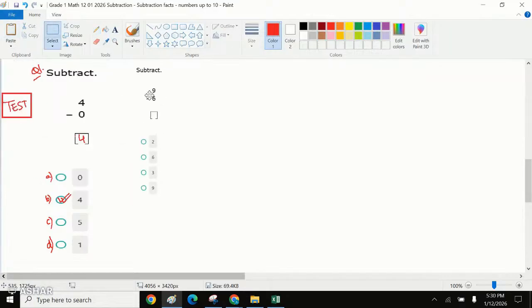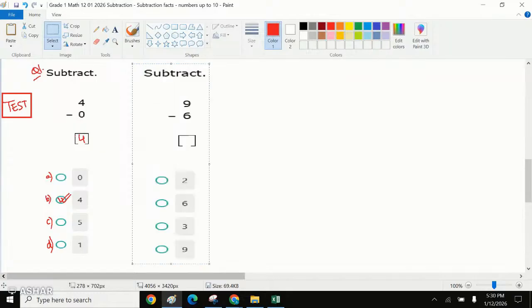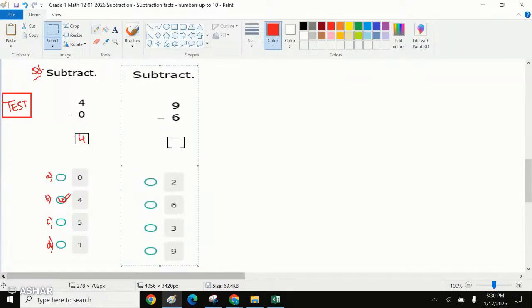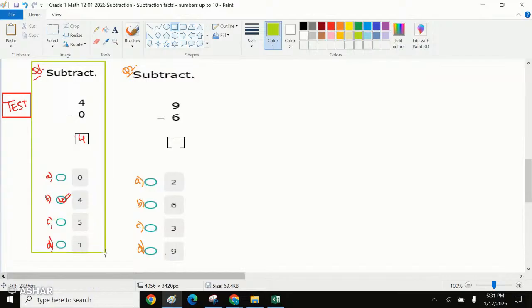For the next question, we have to subtract 9 minus 6. Let's say this is question number 2 and these are the options A, B, C, and D. Sorry, 9 minus 6 would be, what will be 9 minus 6? Simply put it in a box so that 9 minus 6 should be equal to, which option?